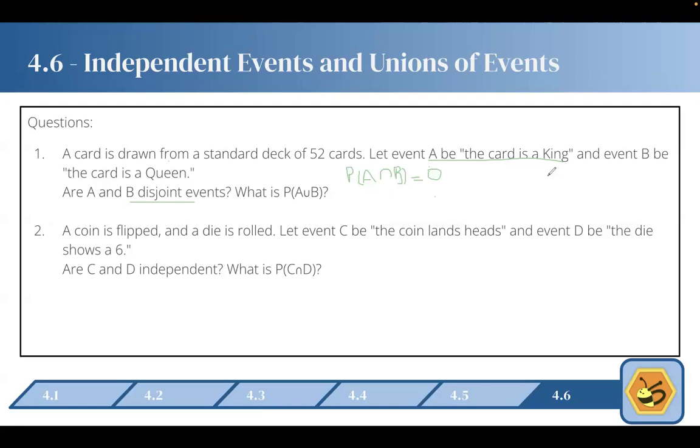But yes, this is the case. So there's four kings and four queens, so that's going to be 4 over 52 plus 4 over 52, which is 8 over 52. Or if you simplify it, 2 over 13 works as well.